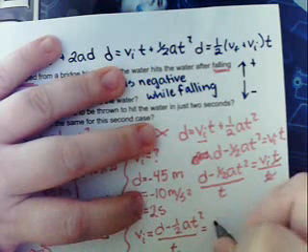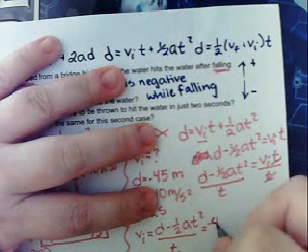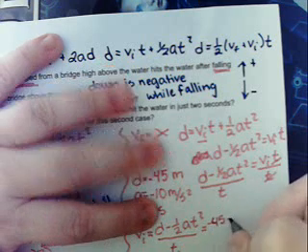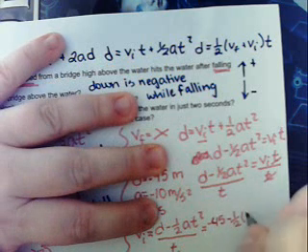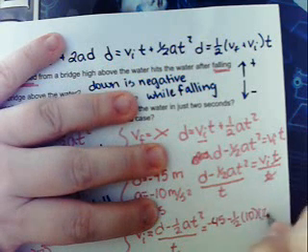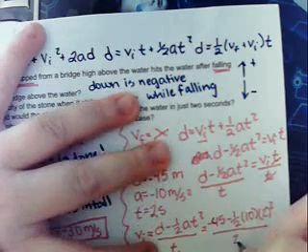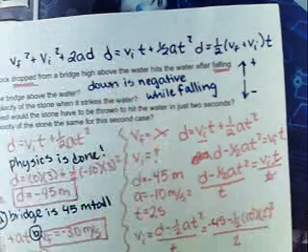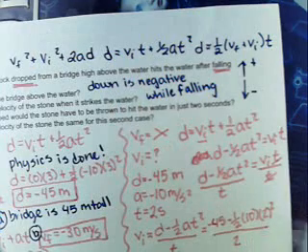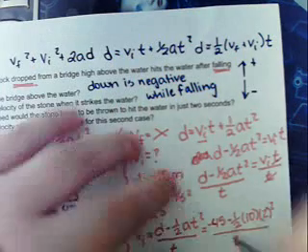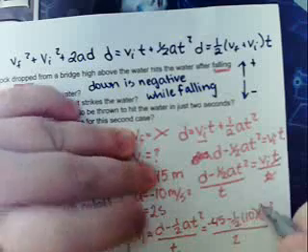So negative 45 minus 1/2 times 10 times 2 squared all over 2. 2 squared is 4 times 10. Oh, negative 10 times negative 10.